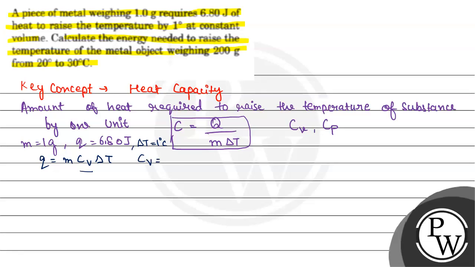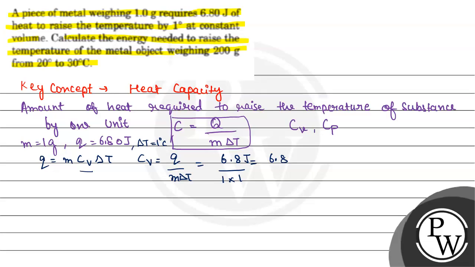CV will be equal to Q divided by m delta T, and this Q is 6.8 divided by mass 1 and delta T also 1. So it will remain the same, 6.8, but the units will be different.